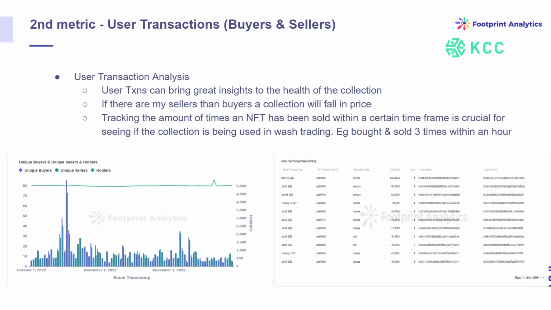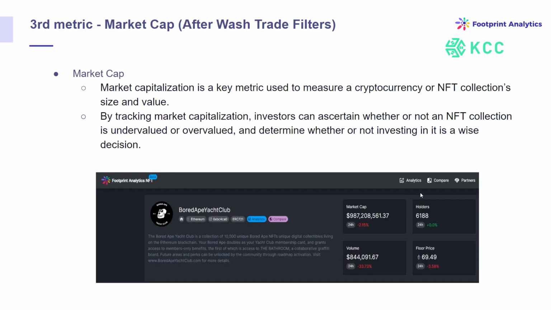And then what else can user transactions do? It can also track the amount of times an NFT has been sold within a certain time frame, which is crucial for determining wash trade filters, which I'll get into next. No, sorry, later.